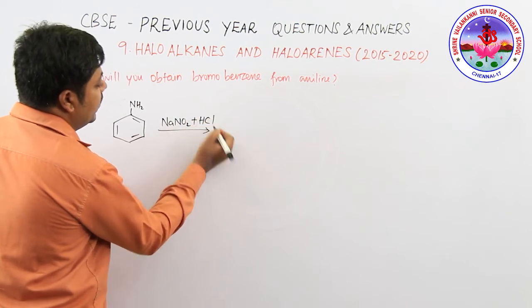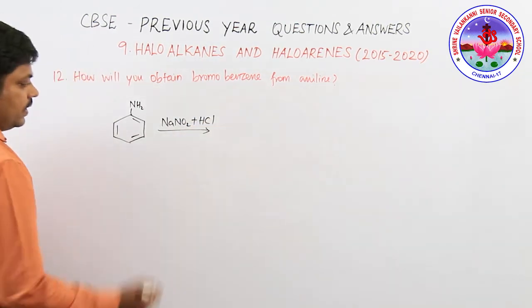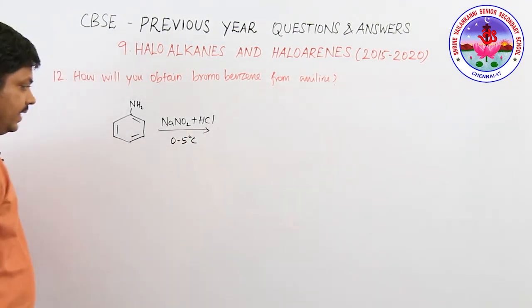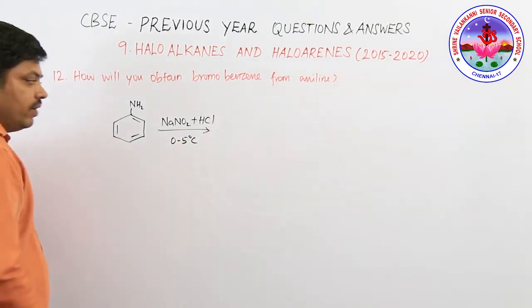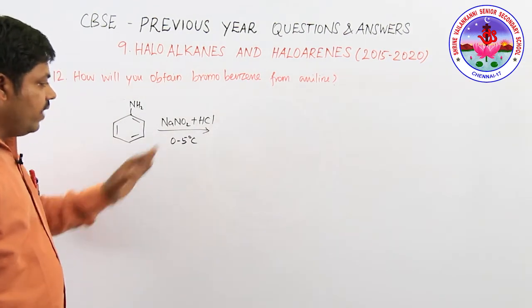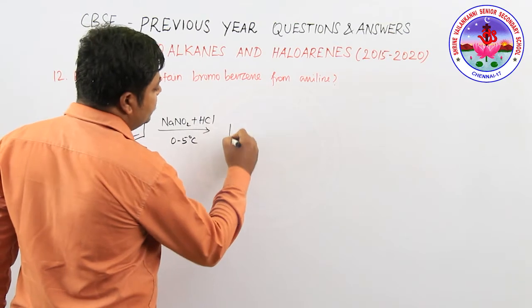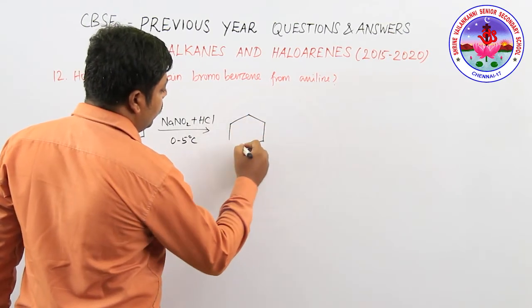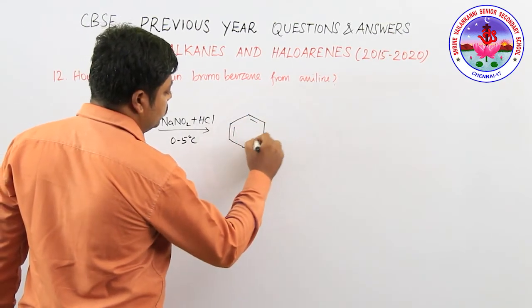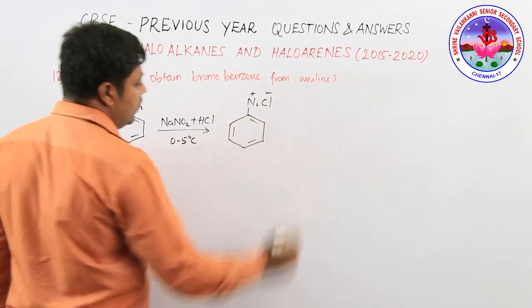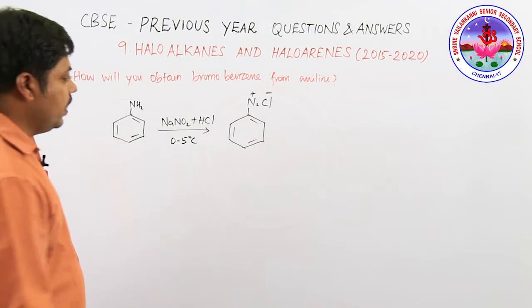The temperature is very important, 0 to 5 degrees Celsius, or 273 to 278 Kelvin. Then it converts to benzene diazonium chloride. This is called benzene diazonium chloride.